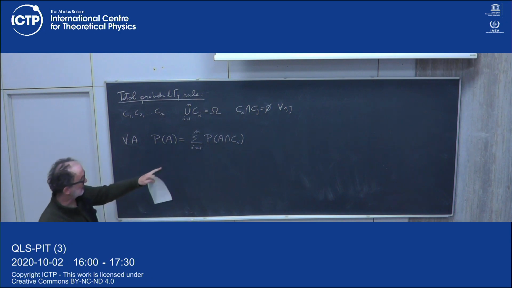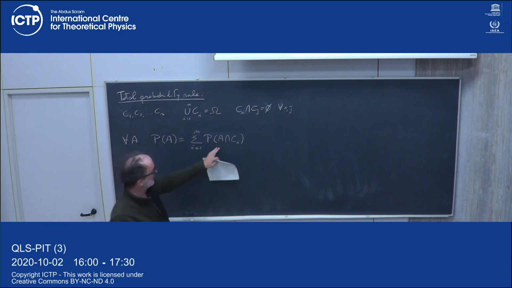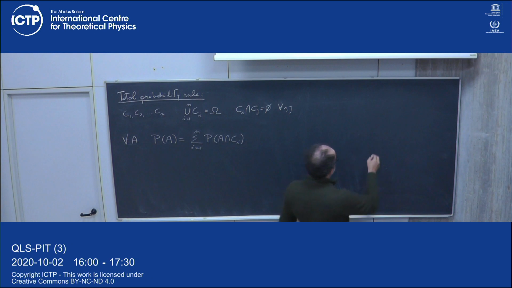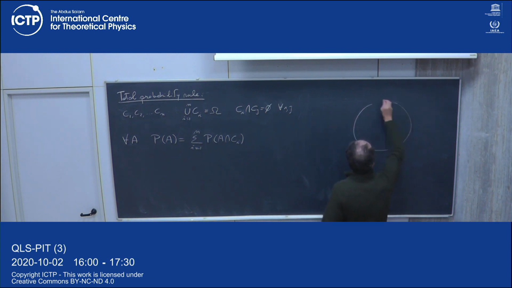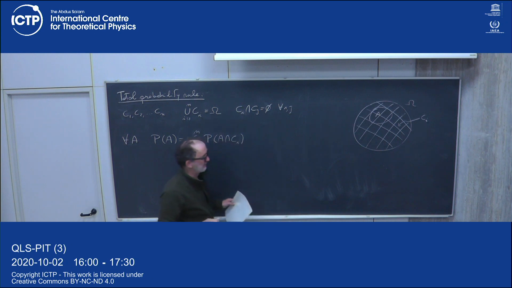This is just using the additivity rule, because essentially if this is my sample space, this is the event A, and the set of causes is like a partition of the sample space into different events Ci, which are mutually exclusive.